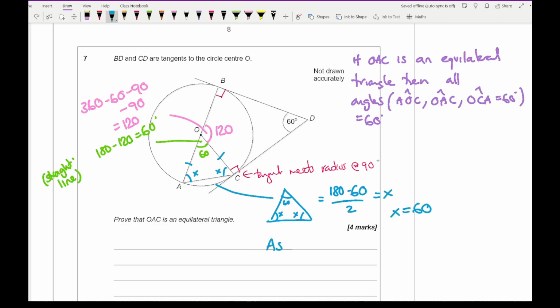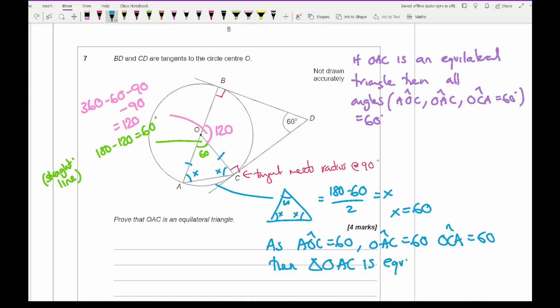So as AOC equals 60, OAC equals 60, and OCA equals 60, then triangle OAC is equilateral. And so something along those lines would be absolutely fine.